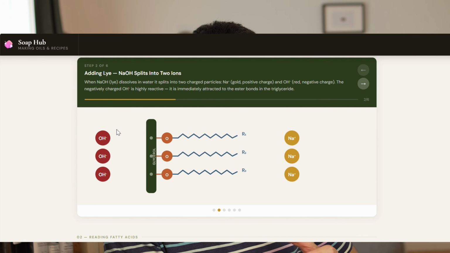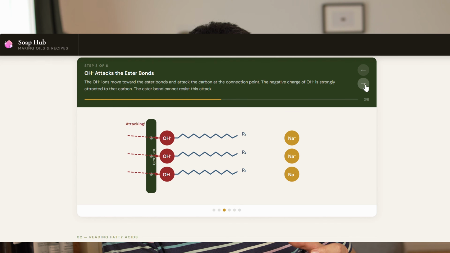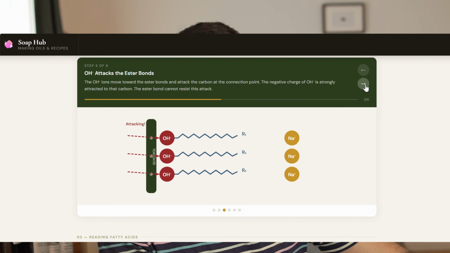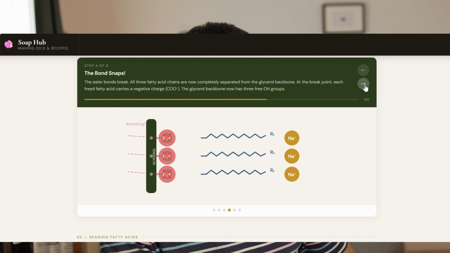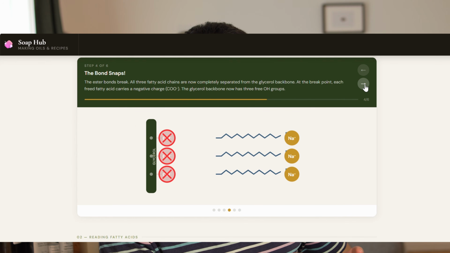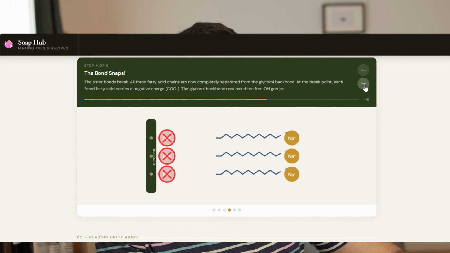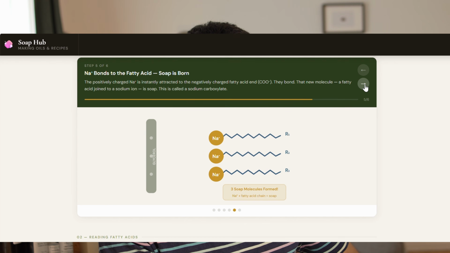So when you have the hydroxyl group here, it will attack the bond between glycerol and the 3 fatty acids, and those will be separated. And now the 3 fatty acids will react with the sodium atoms and they will create soap. So you have your soap molecules here and you have your glycerol molecules here.